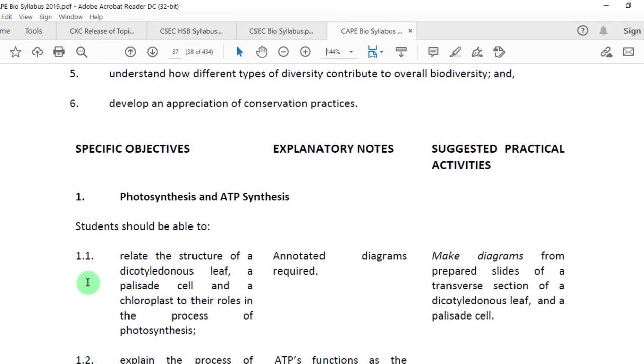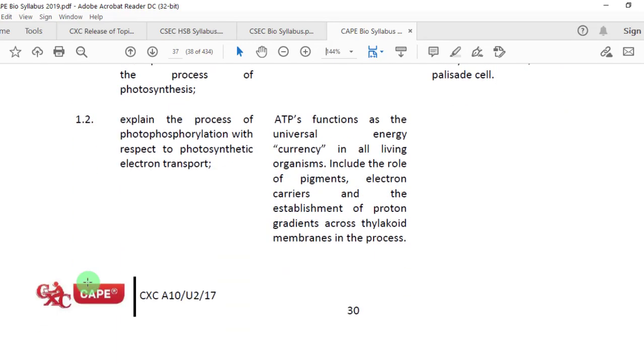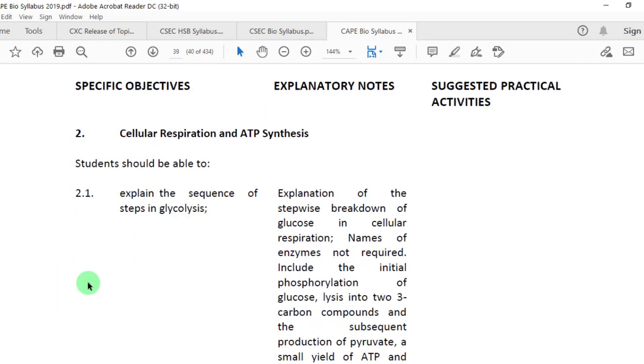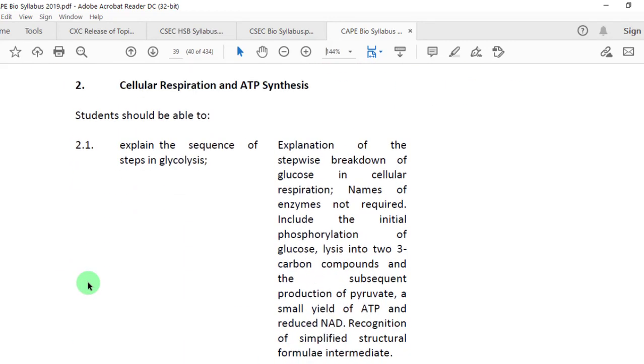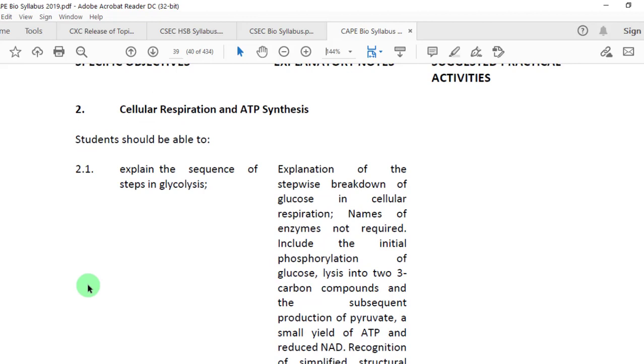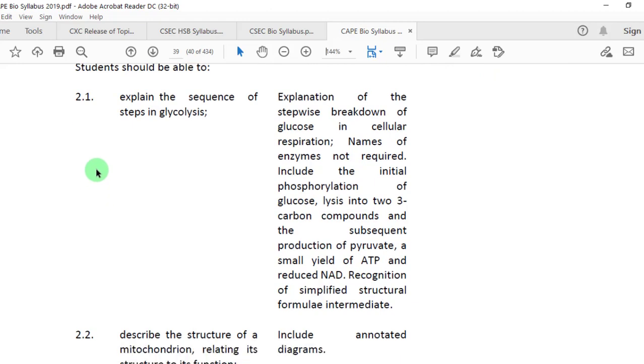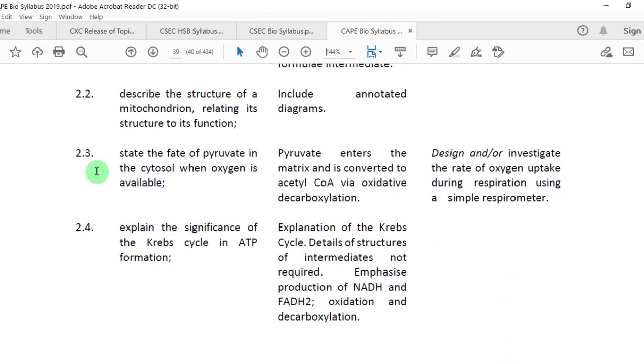So interestingly, we will not be touching photosynthesis this year in paper 2 or paper 3. So we're passing photosynthesis by, and we go straight to cellular respiration and ATP synthesis. That's the first topic. It's subsection 2. So any specific objective, 2 point whatever, we are studying. Yeah? So 2.1, 2.2, etc.